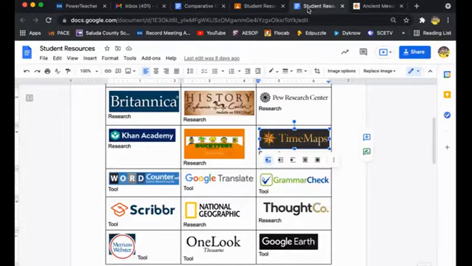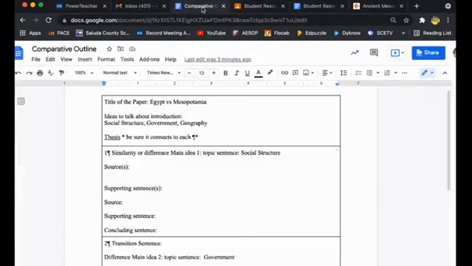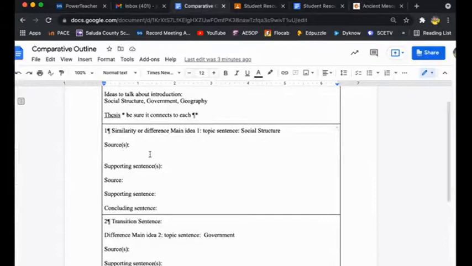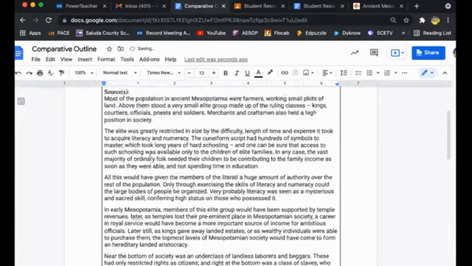Because remember, this is just an outline. So what do you think an outline is? An outline is basically something kind of like a pre-essay. Something that you're trying to brainstorm before you're writing. That's what an outline is.